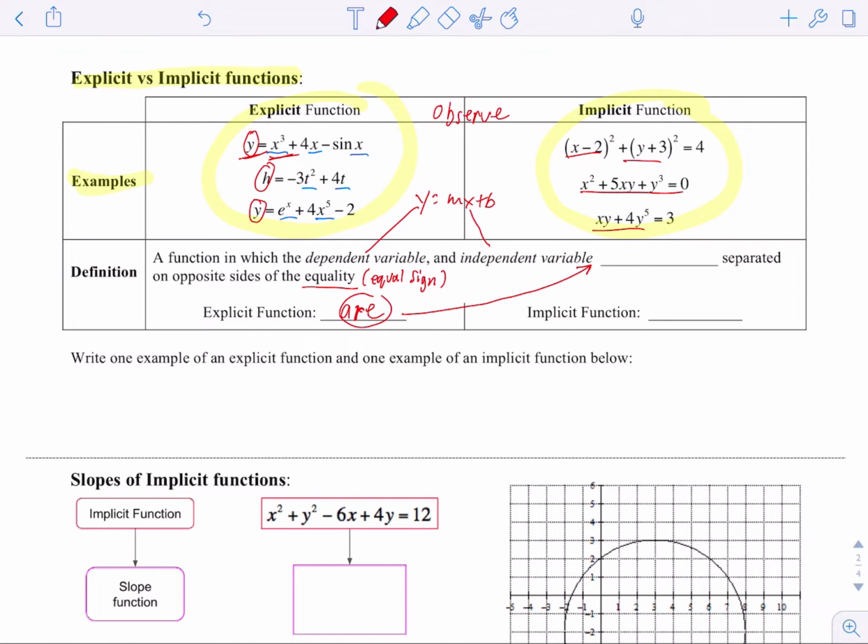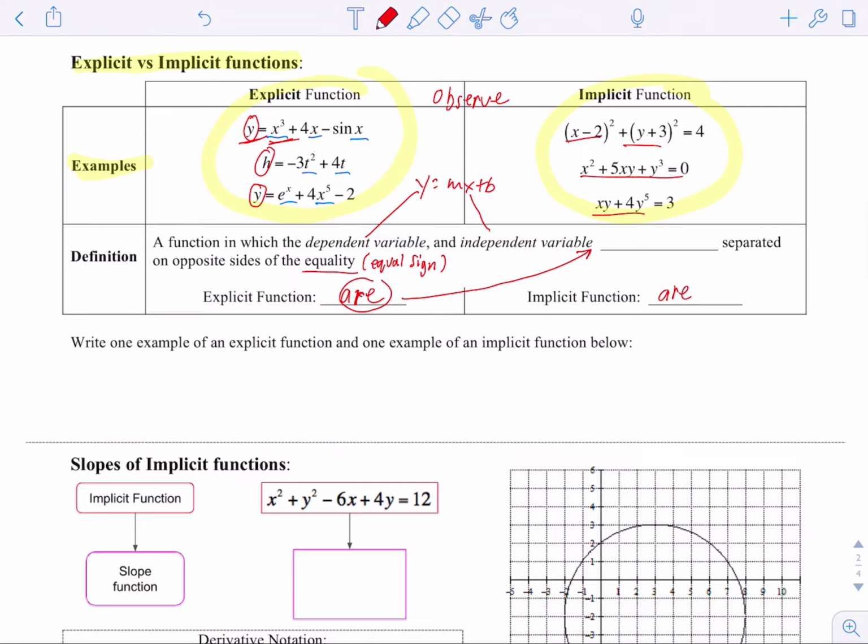While implicit functions are functions in which the dependent variable and independent variable are not separated, meaning they're on the same side. All right, so why don't you write one example of an explicit and one example of an implicit function below.